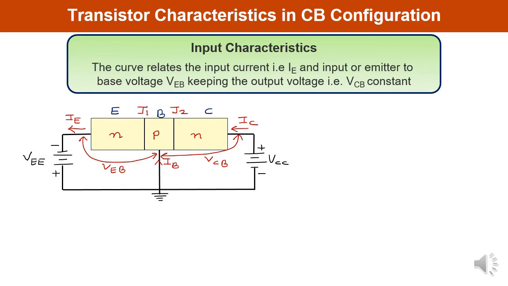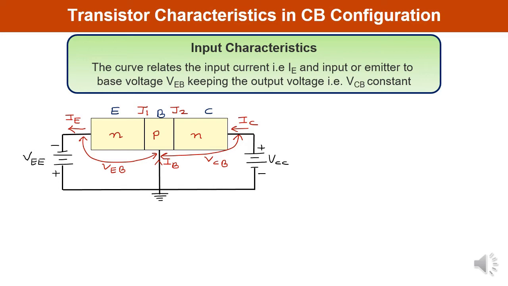So in case of NPN transistor, if the left hand terminal is emitter and the right one is the collector, the input current is IE and the input voltage is the voltage between emitter and base terminal, which is VEB, and the output voltage is VCB.